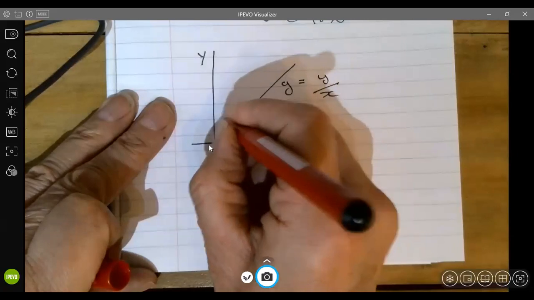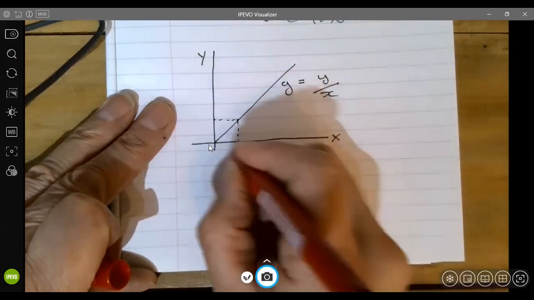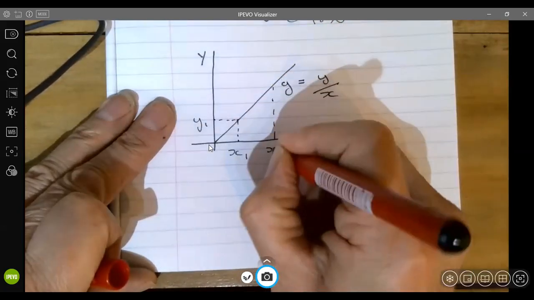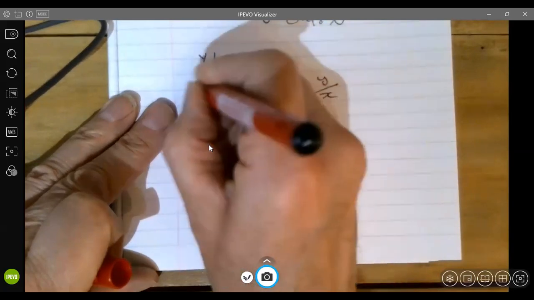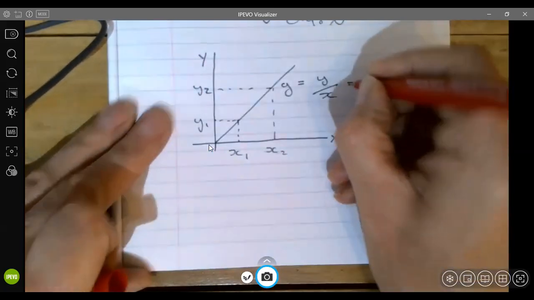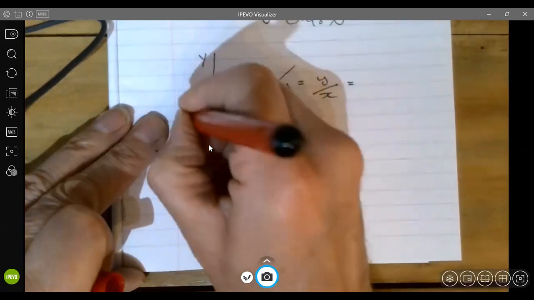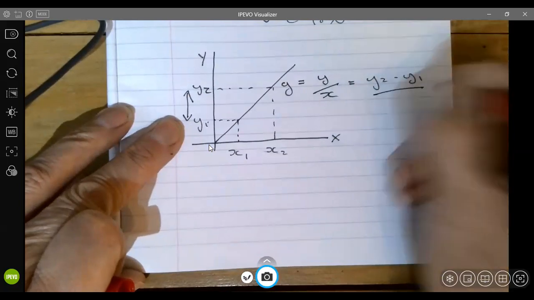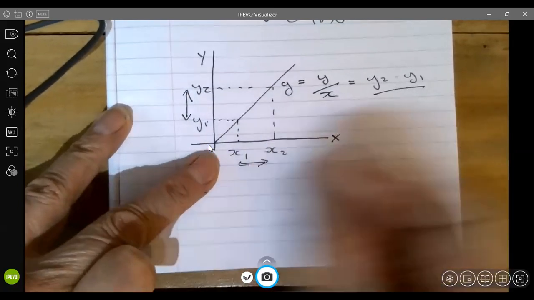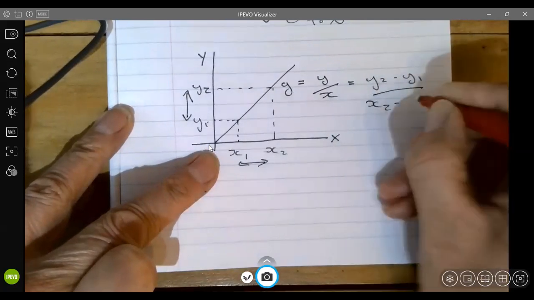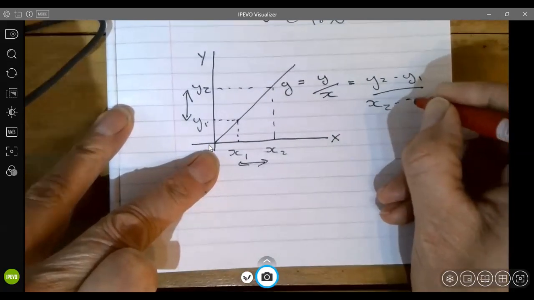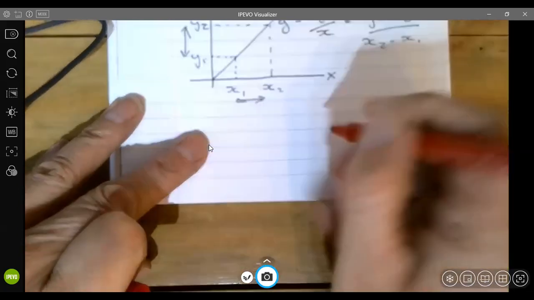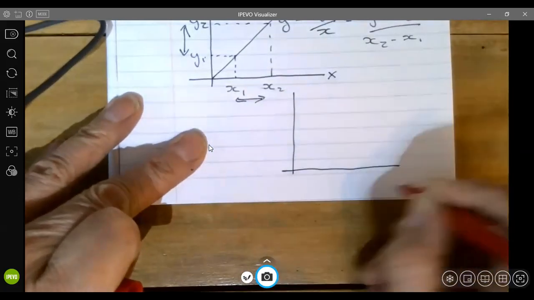So I take this point here and call that x1 and call that y1, and take this point here and call that x2 and call that y2. What I can see is the change here is going to be the big one minus the little one, so it'll be y2 minus y1 over change here, which is going to be x2 minus x1.